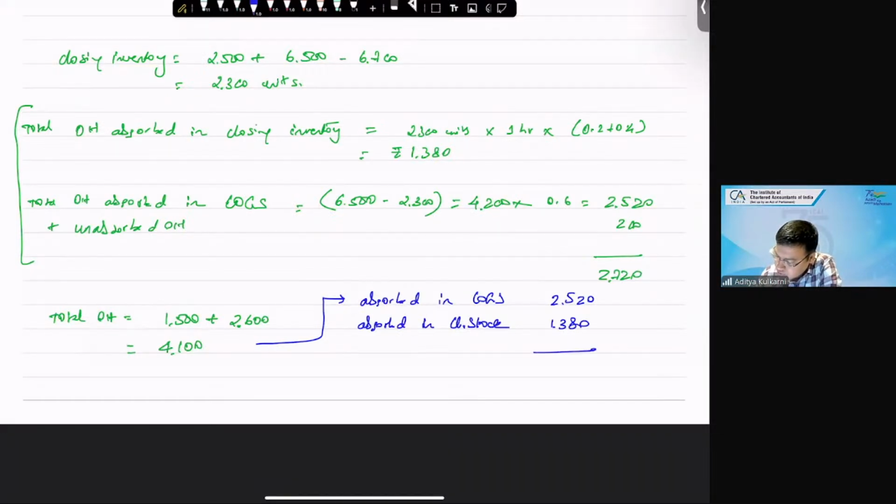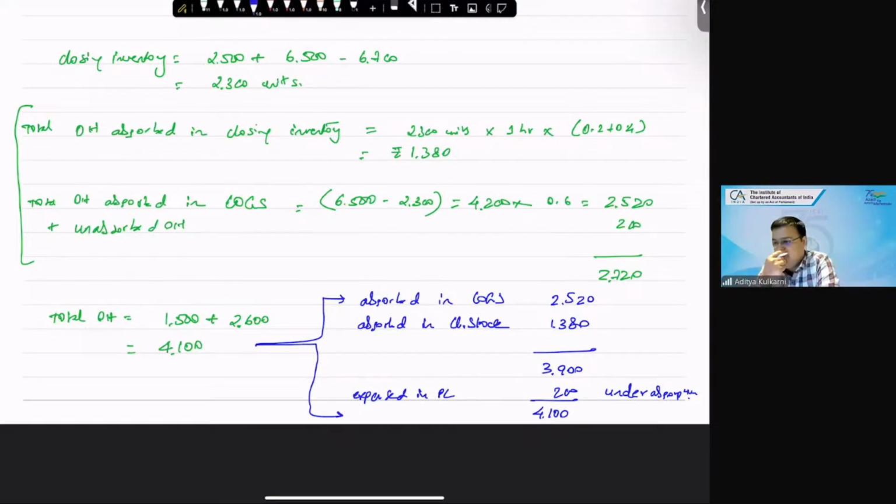So this gives you 3,900. Expensed in P&L, 200. Total 4,100. This is under absorption. Are we okay with this? Yes. So this is how this 4,100 has effectively been taken care of under Ind AS 2. All clear, everyone? Yes.